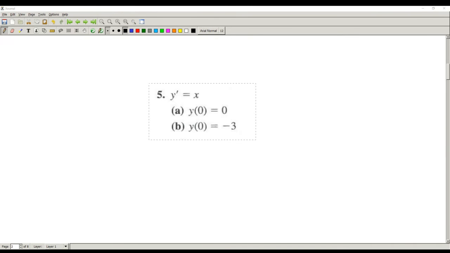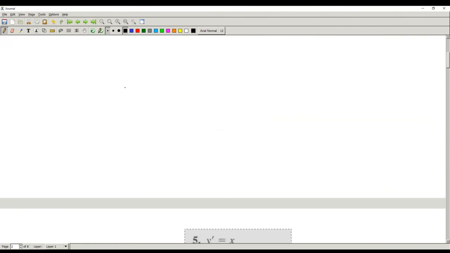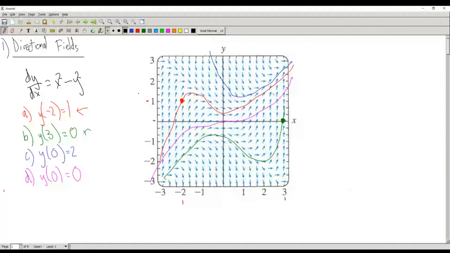The tut for directional fields should be called, let's have a look, 1 first tut problems directional fields. I will go over it, you asked me to go over it again.